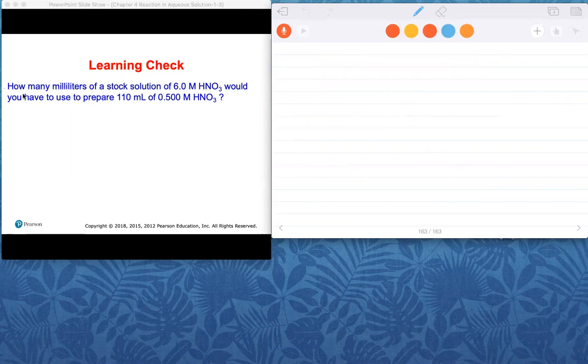For example, here, how many milliliters of stock solution? This is the unit for volume. So you're looking for V1, which is the question mark. M1 is 6.0 molar nitric acid. You have to use it to prepare 110 milliliters.